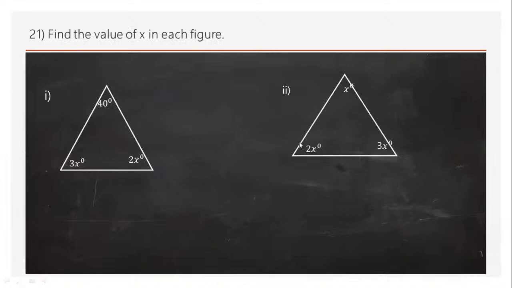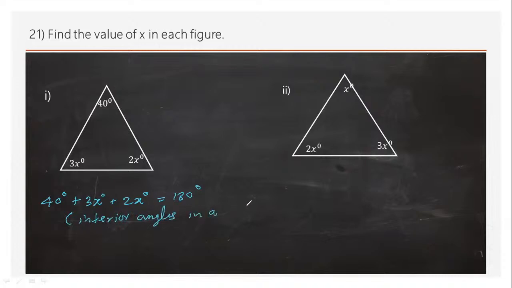Find the value of x in each figure. 40 degrees. The interior angles of a triangle add up to 180. So 40 degrees plus 3x degrees plus 2x equals 180. Interior angles in a triangle.